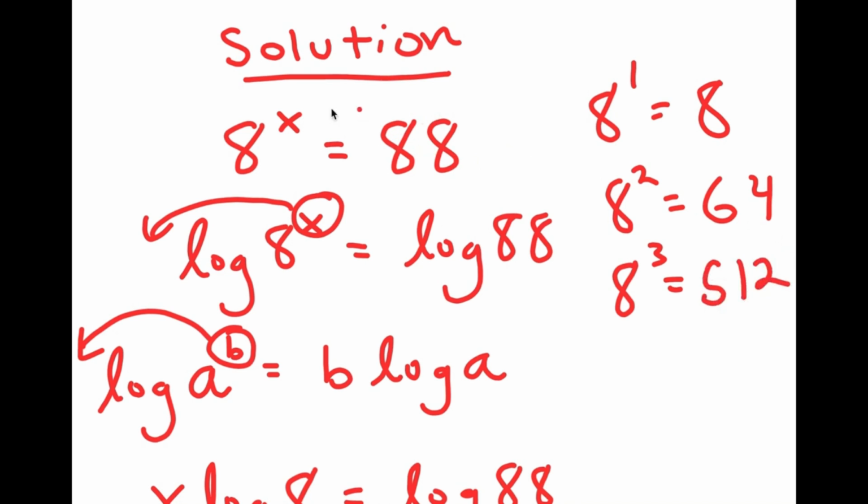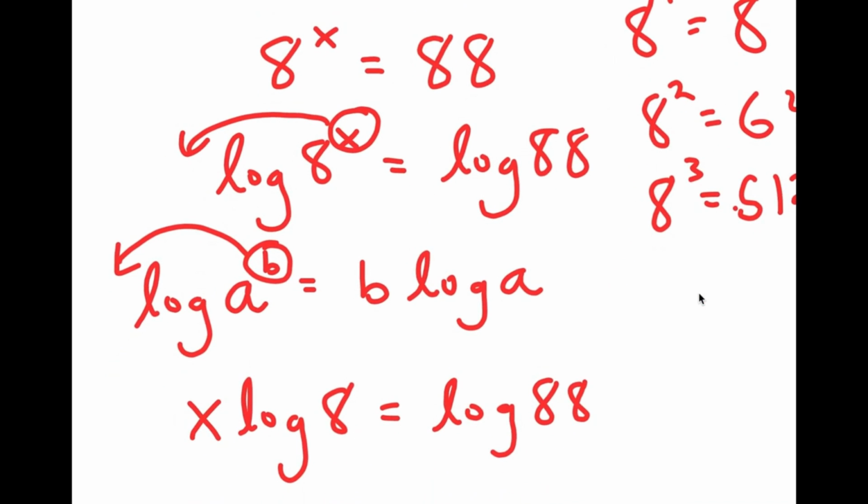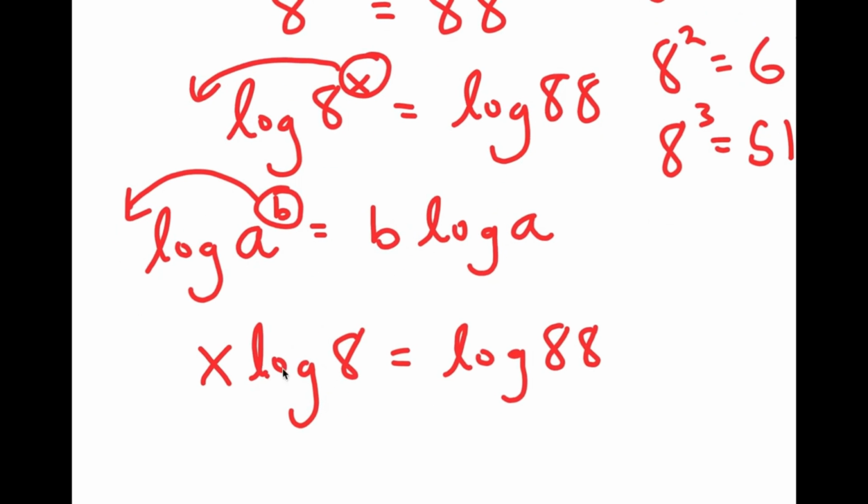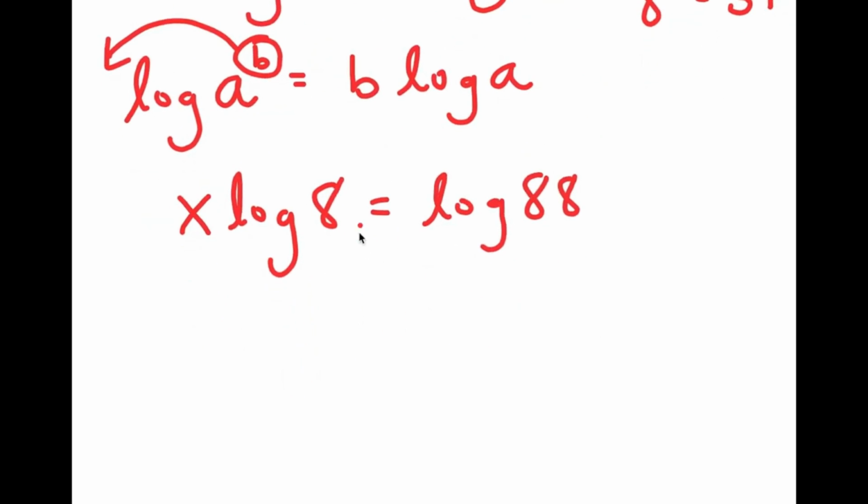And we want to find what value of x results in 88, which is somewhere in between 2 and 3, but we don't know exactly where because it's going to be a decimal. So we can't really find the exact value of x when x is in exponent form. So this is why we can make it into a real term using this property, and now it's much simpler to solve for it. So now I have x times log 8 is equal to log 88.